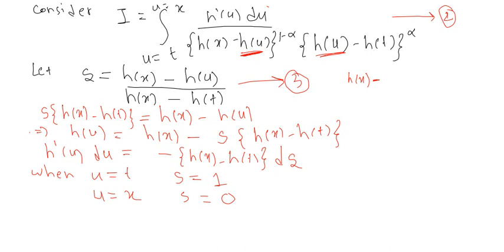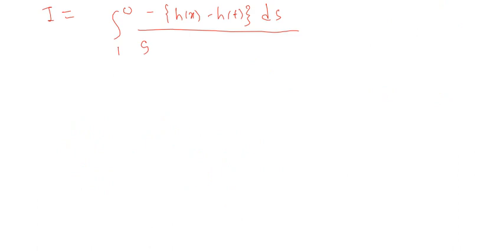So it will be minus h of x minus s into h of x minus h of t. So that will be s into h of x minus h of t raised to 1 minus alpha. So here we will get s raised to 1 minus alpha into h of x minus h of t raised to 1 minus alpha. And what will this term become?